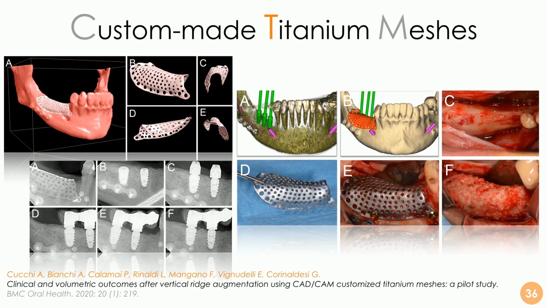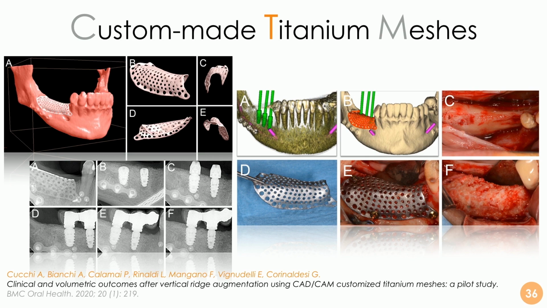The solution is provided by the same company as before, BTK, and everything comes from cone beam computed tomography, and then there's a segmentation of bone, and then there is a design of the mesh that needs to contain the bone regeneration particles. They can be different kinds of particles, synthetic or bovine. In this case, it is less important.